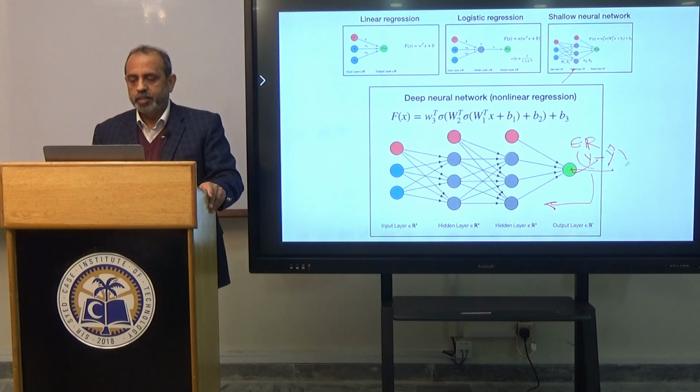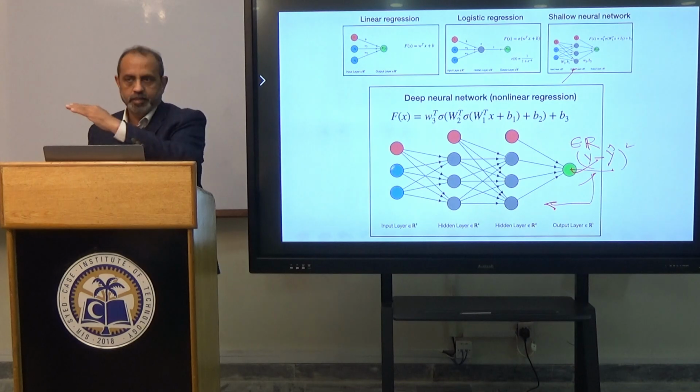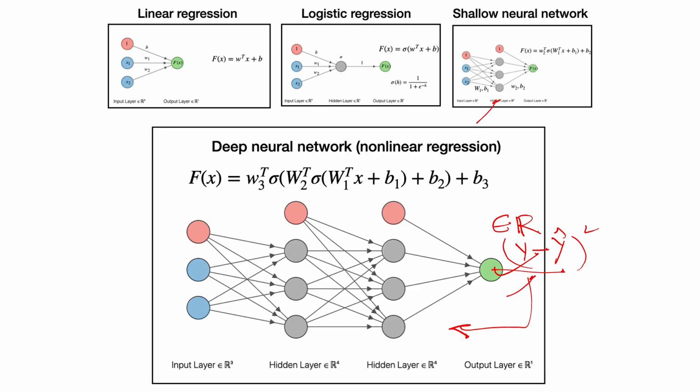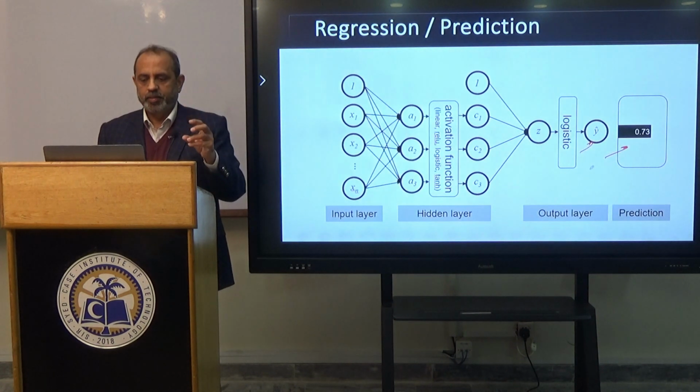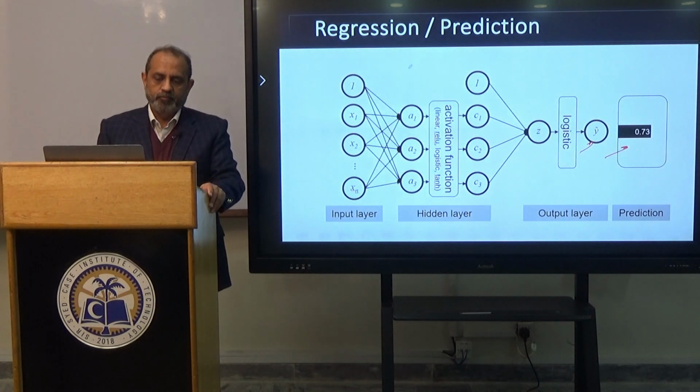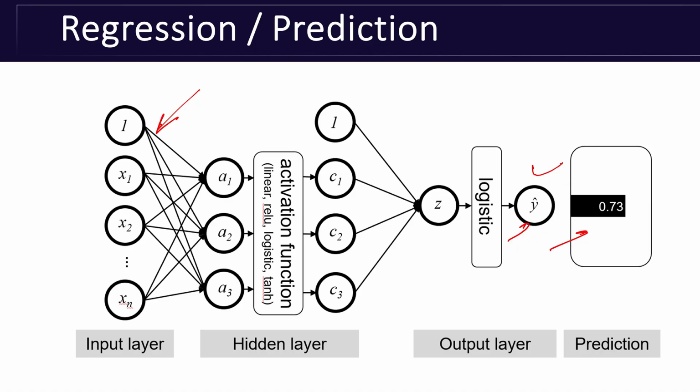You take the square, and this is the error, and you take it back and, using the backpropagation algorithm, tune the weights and keep doing this so that your neural network is trained. So you get a real value. Your output is not giving you a class, it is giving you a real value. And by putting a feature vector here, you can do the prediction using a neural network.